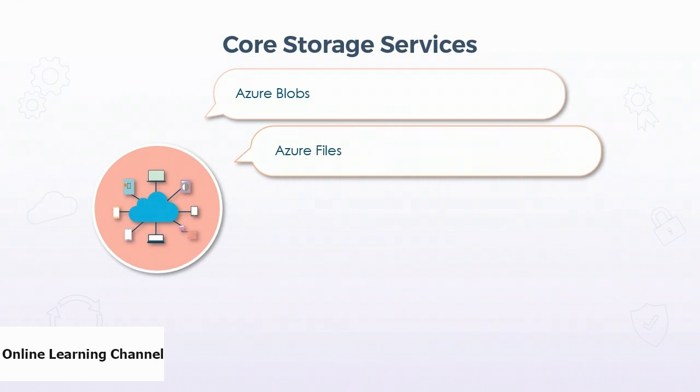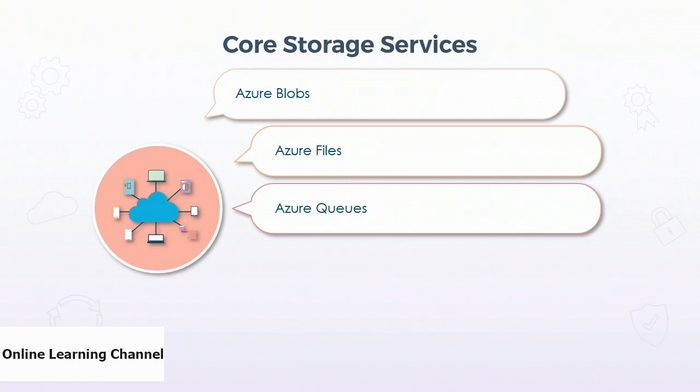Next, we have Azure Files, which is essentially a file sharing service on the cloud. It can be used by your virtual machines or even your on-site machines to share and manage files. All of the files are stored in the Azure cloud. Azure Queues are a way to queue up data in the form of JSON messages. It's often used as a way for services to interact with one another in a decoupled manner.